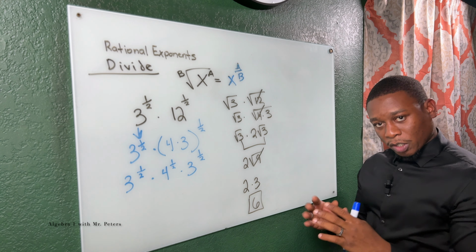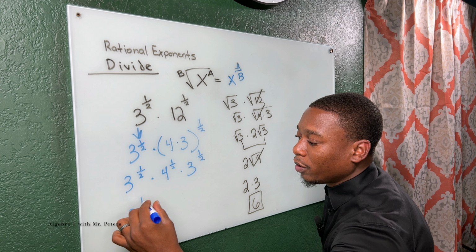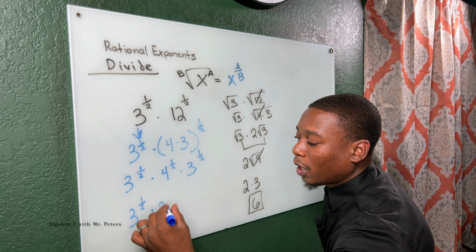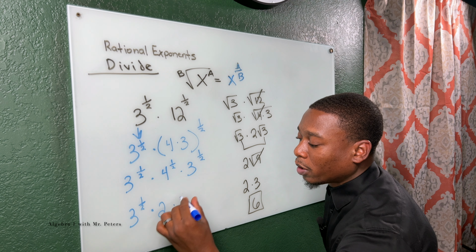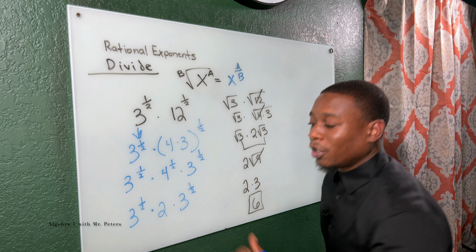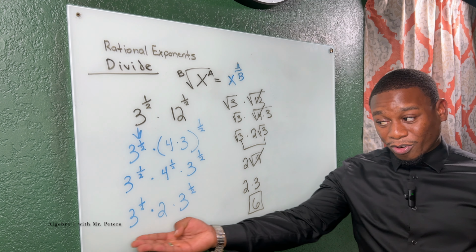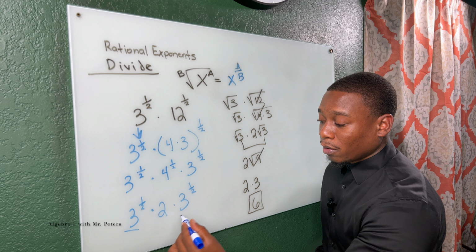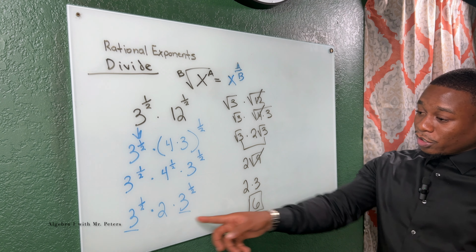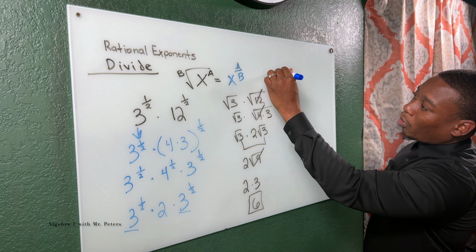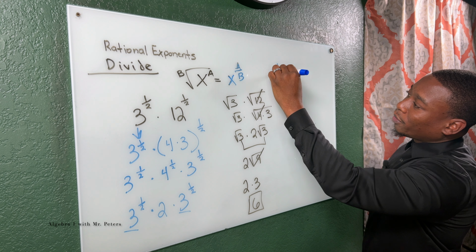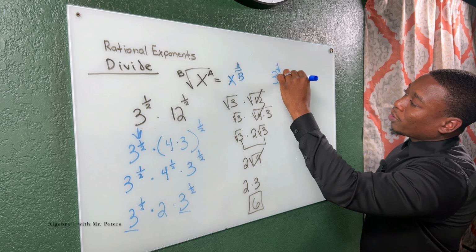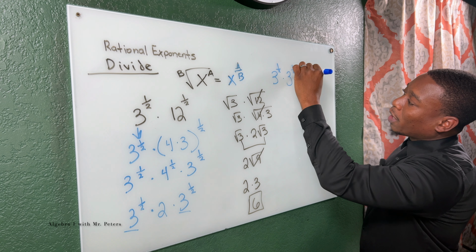So now guess what happens? We're going to have 3 to the 1/2 times 2 times 3 to the 1/2. So family, remember, in this format, I only could multiply like bases. Okay, so now let's just take this right here. So we're right here, 3 to the 1/2 times 3 to the 1/2 times 2.